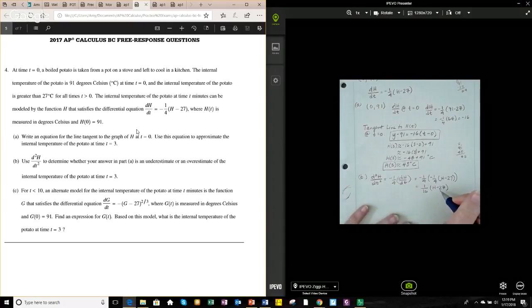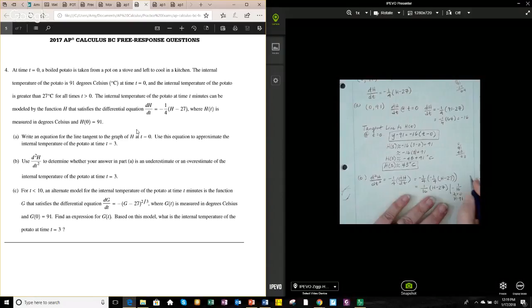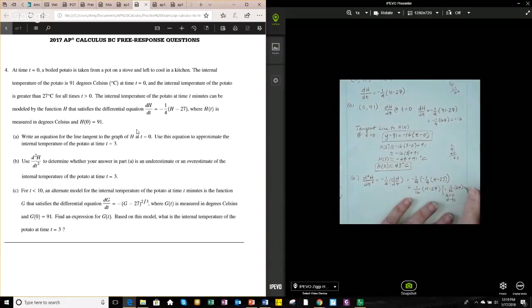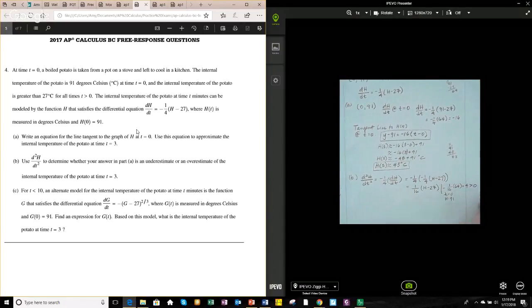So I have to figure out what this is when t equals 0 and h equals 91, because I'll know where the tangent line is, so whether it's above or below. So this is going to equal 1/16 times 91 minus 27, which I found out above was 64. So this is going to be equal to 4, which is greater than 0.